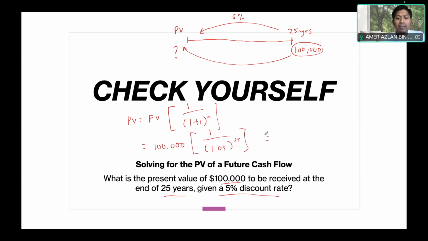So if you calculate this, you will get 29,530.27, which means that the 100,000 that you are going to receive in the next 25 years, the value of it today is only worth around 29,530.27.